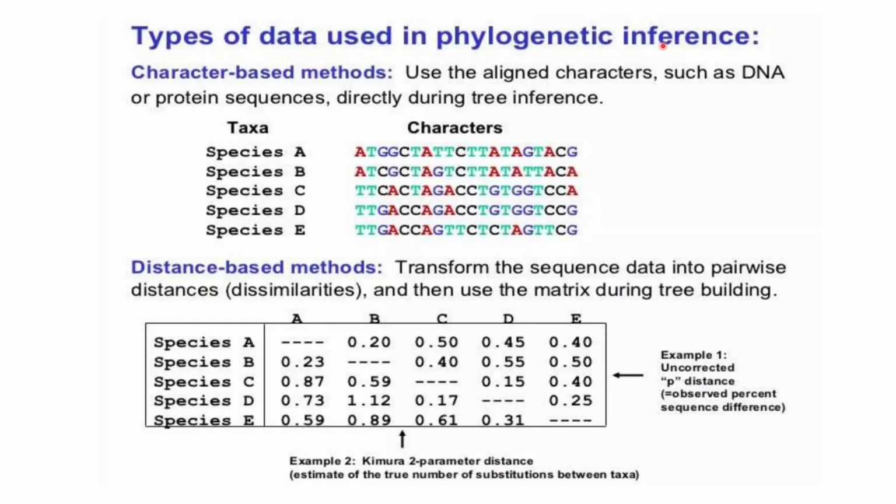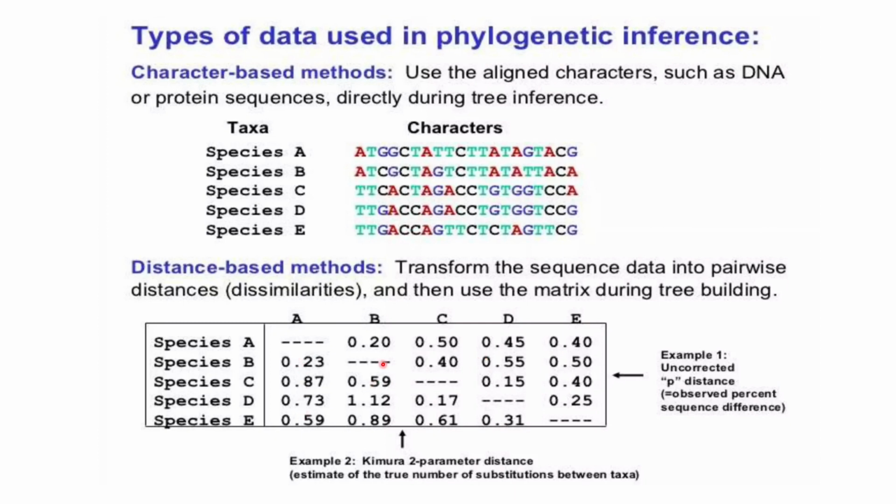So the main difference between the distance and the character-based methods is the type of input data used. For character-based methods, like the name suggests, characters, that is the aligned nucleotide or the protein sequences are directly used to construct the trees. Whereas in distance-based methods, the sequence data, the characters, are transformed into numbers.